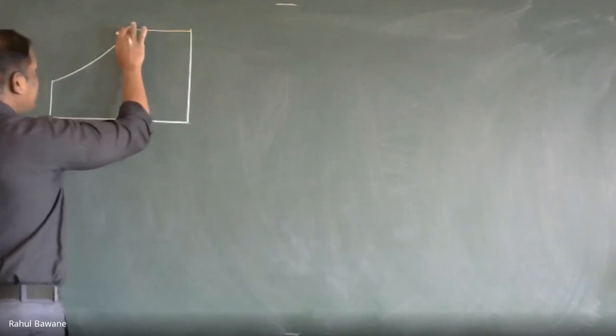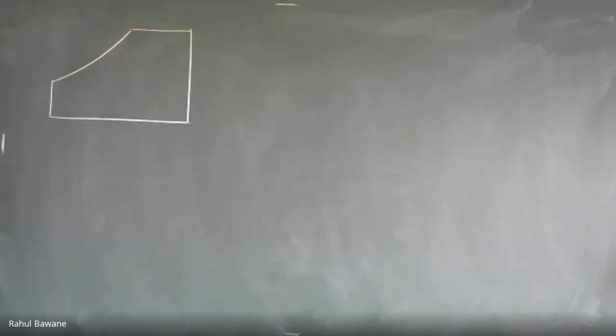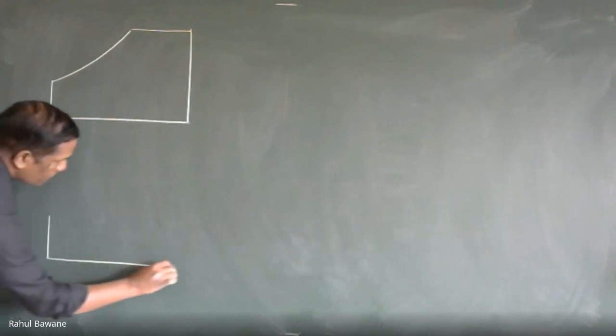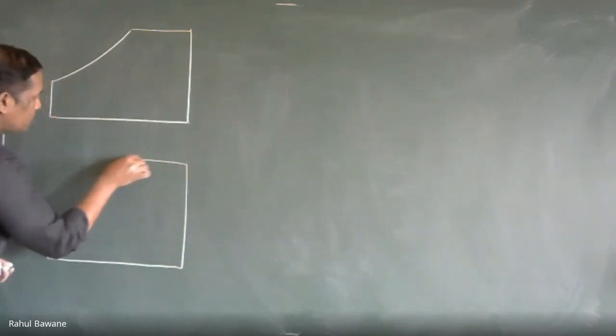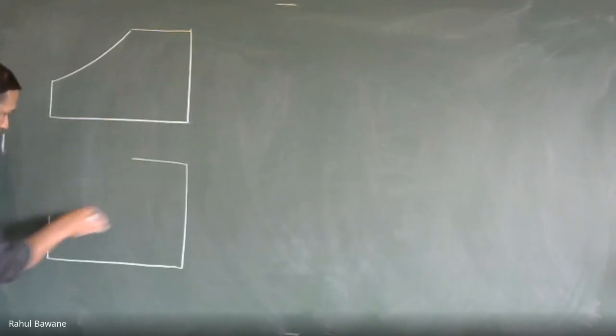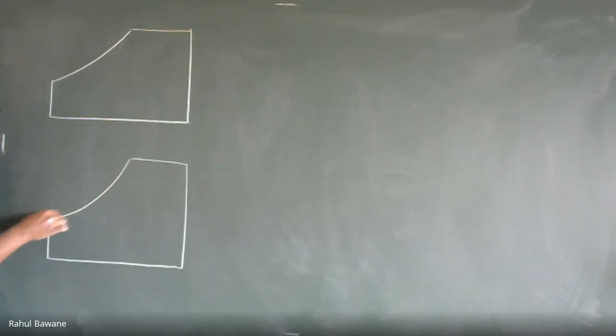So basically this is the shape of the psychrometric chart. How to draw? Draw a small vertical line, then this side also a horizontal line, and this quadrant we have to join by a curve.